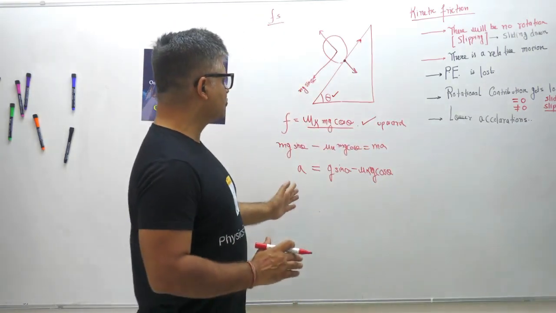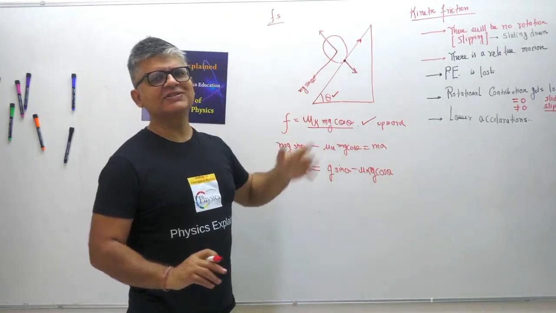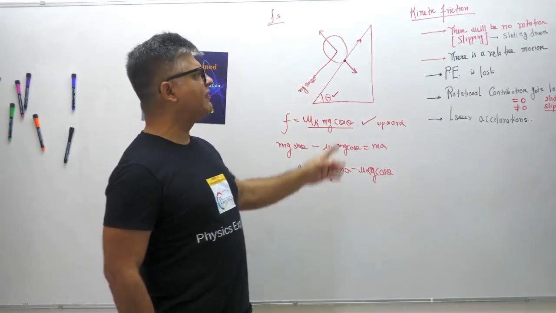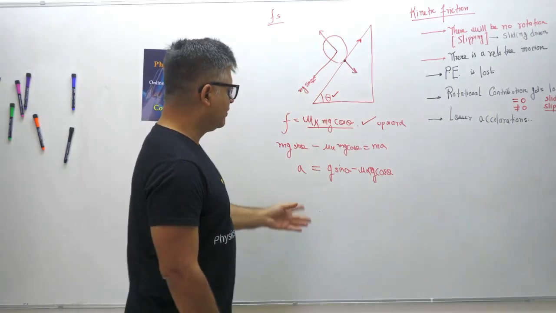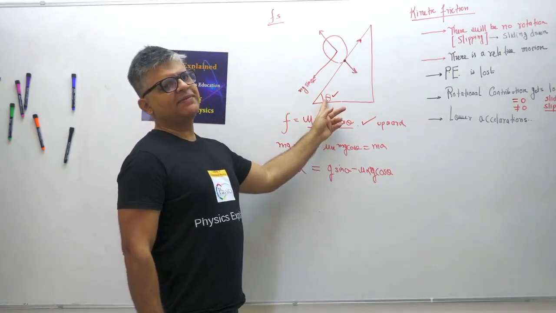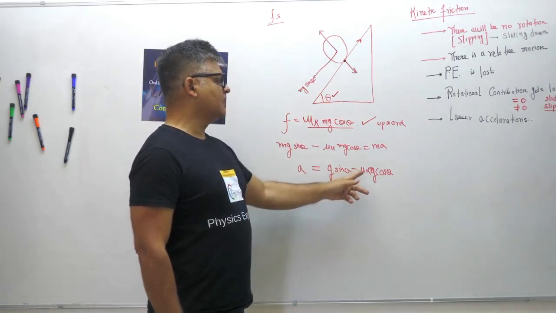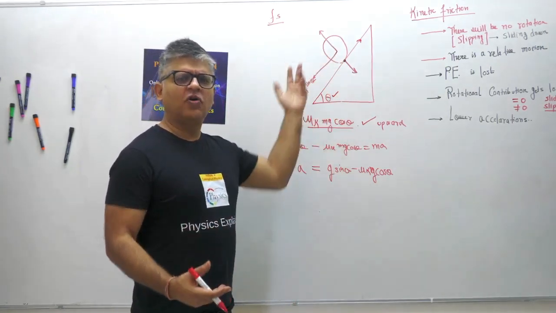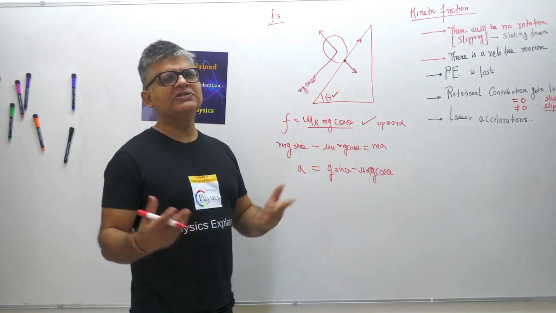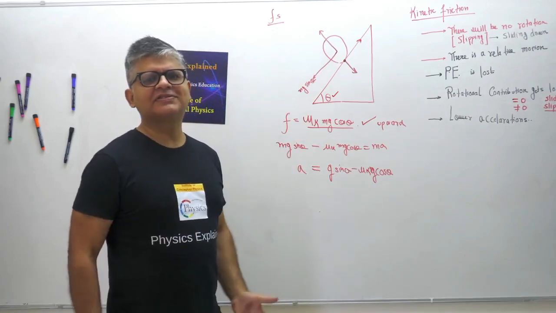So if you see, the moment of inertia has not come into play. So even if it is a ring or a sphere or a disc, if the angle is the same, the g is the same, the kinetic friction is the same for all of them, then they will reach together because they have the same acceleration. There is no difference in acceleration.